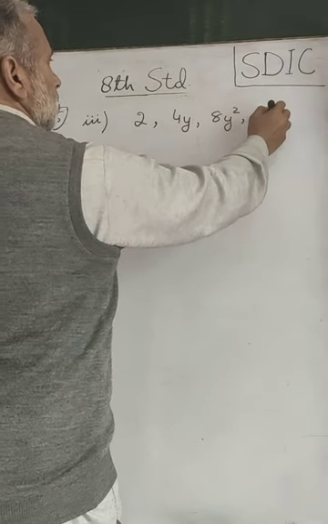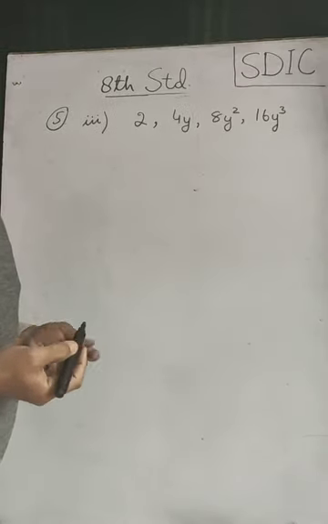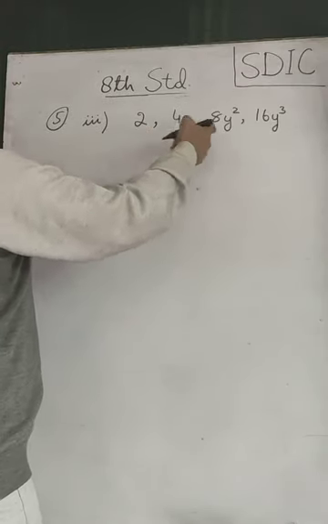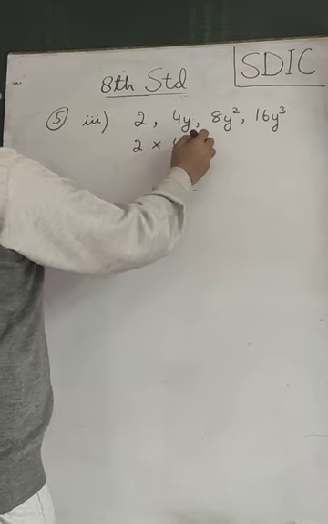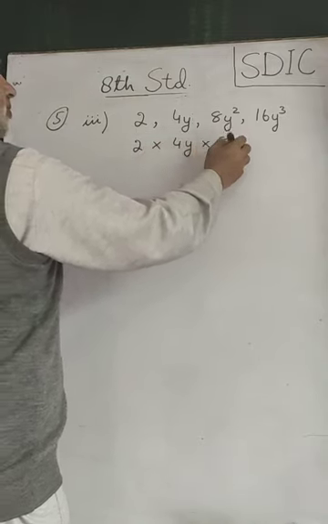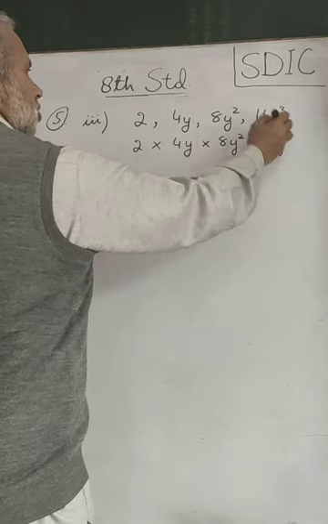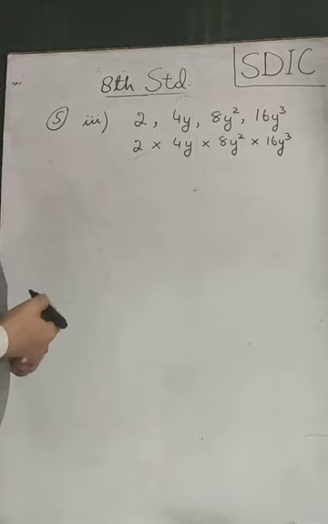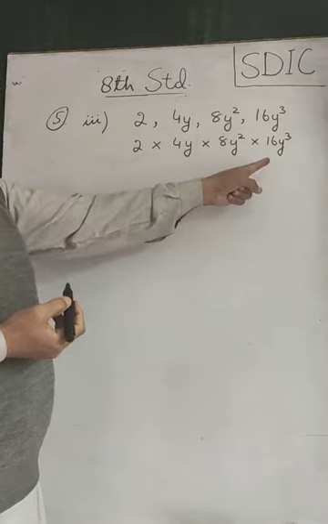These 4 monomials we have to multiply. So we'll begin likewise. We'll replace first commas by multiplication sign. There were 3 commas, so 3 multiplication signs we got. Each of these expressions is a monomial that we have to multiply.